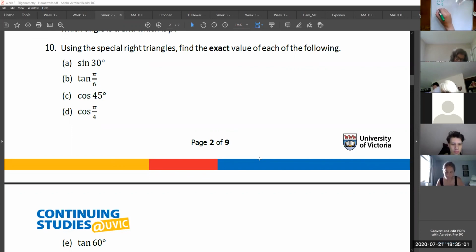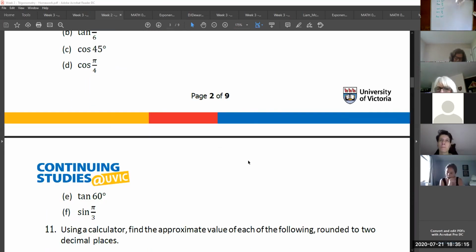So we're going to look for the sine of 30 degrees, tan of pi over 6, the cosine of 45 degrees, the cosine of pi over 4, and we'll look for tangent 60 and sine pi over 3.